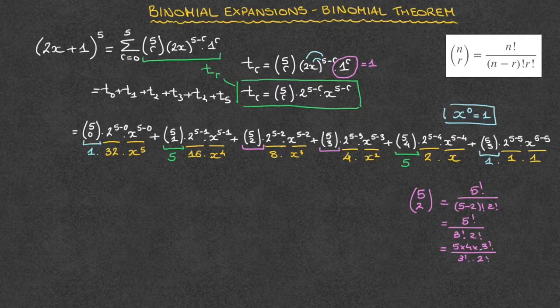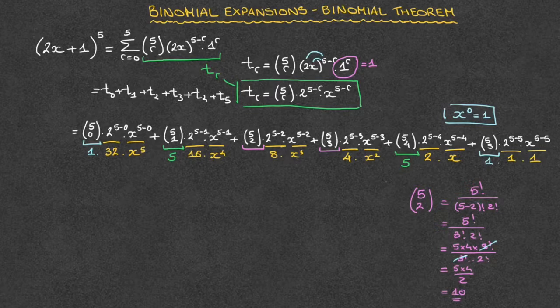Now the factorial 3's cancel each other out, and factorial 2, well, that's just equal to 2. So this is equal to 5 times 4 over 2. And you can go ahead and check, but that equals 10. So going back to our expansion, we can now state that the two middle coefficients 5, 2 and 5, 3 are both equal to 10.